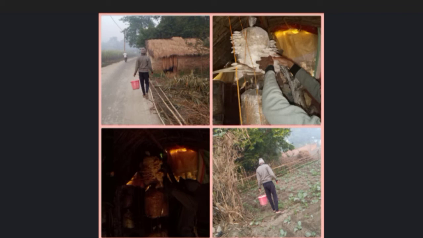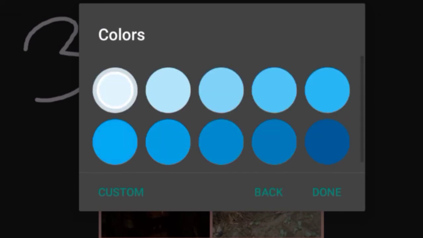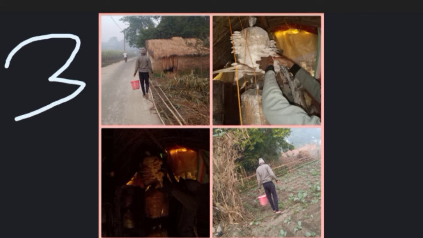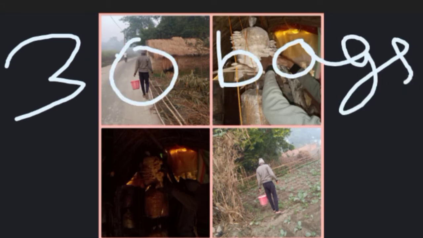I prepared 30 bags of oyster mushroom, and we put the bags in on alternate days.